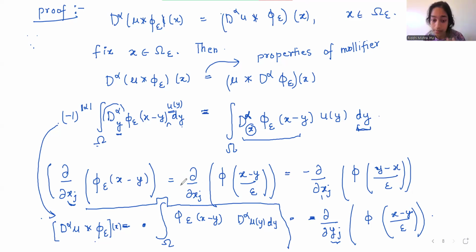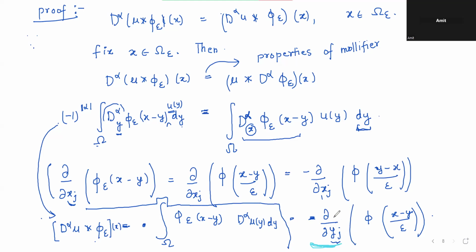Is this clear? Riddhi: Yeah, I have one doubt. Here you are using some dummy variable in the last line. At this point? No, right side. Can you see my screen? You are saying that here you are changing x by y.